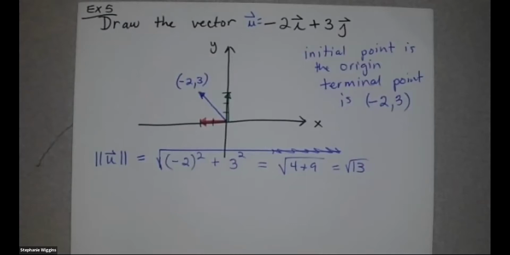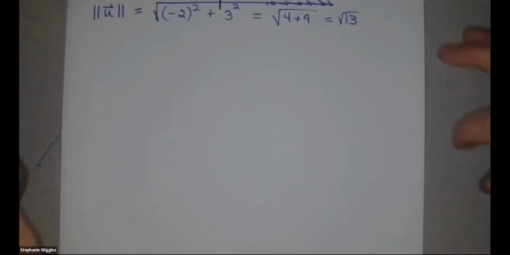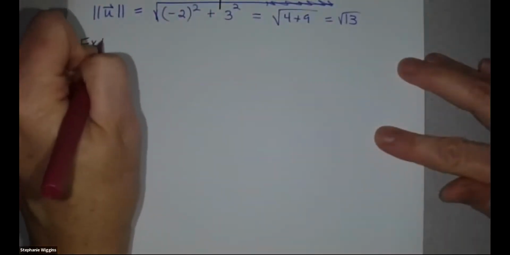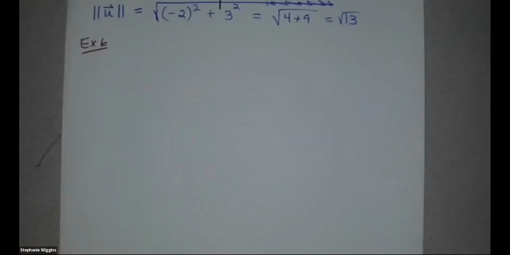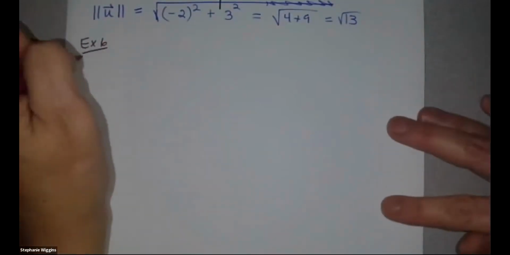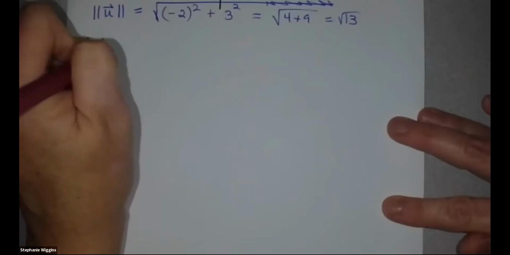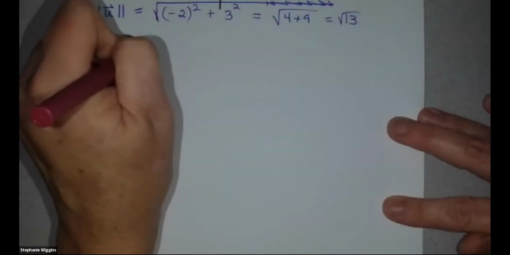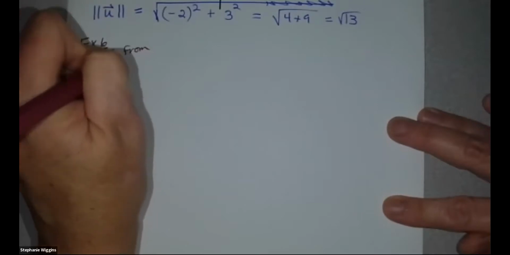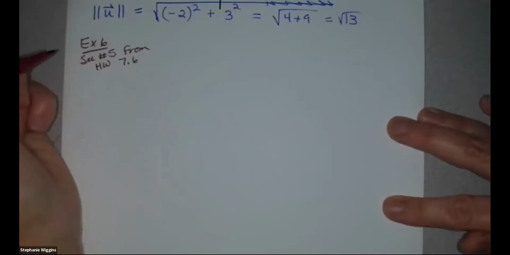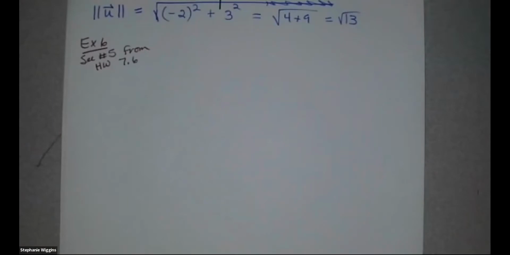All right, so here's an example from your homework. This is like problem 5, and we're in section 7.6. It says, let V be the vector from the initial point P1, and it gives a point, to the terminal point.